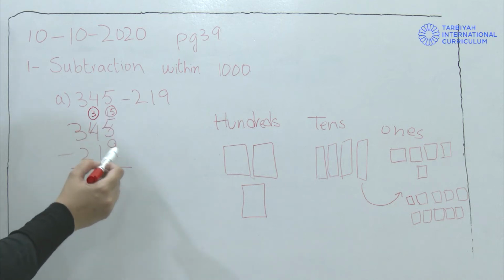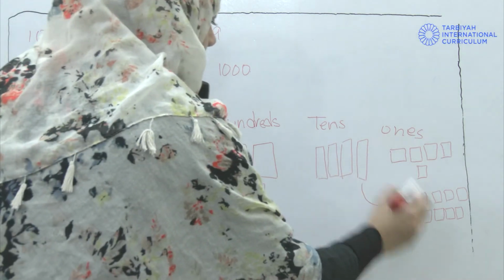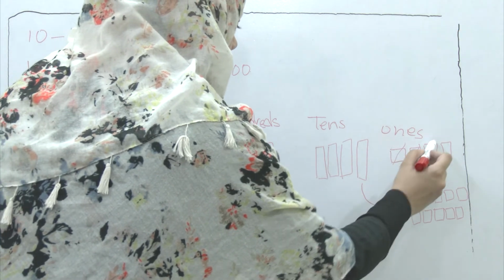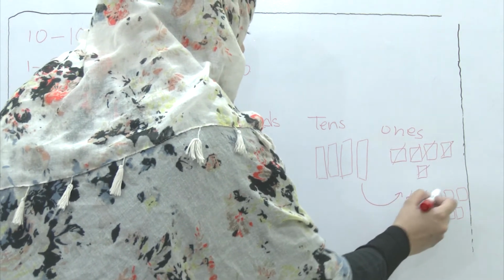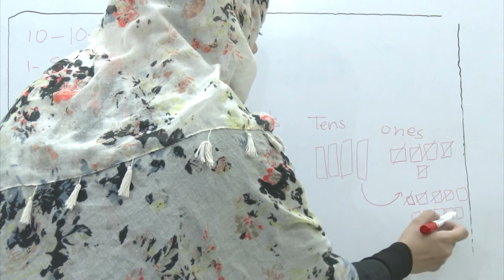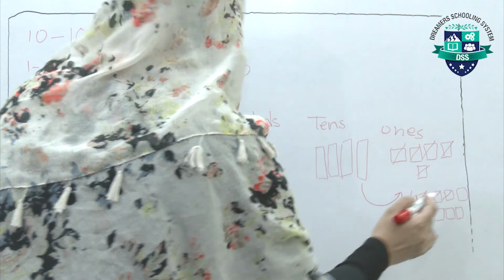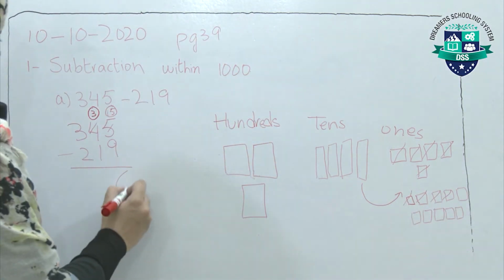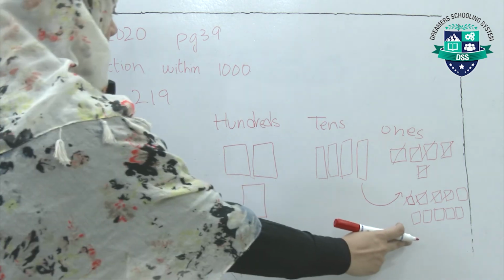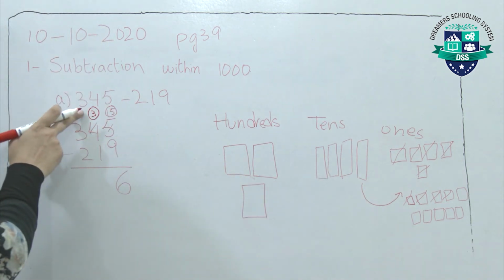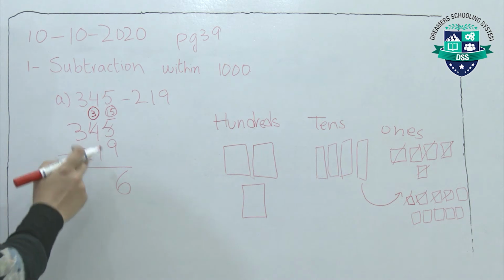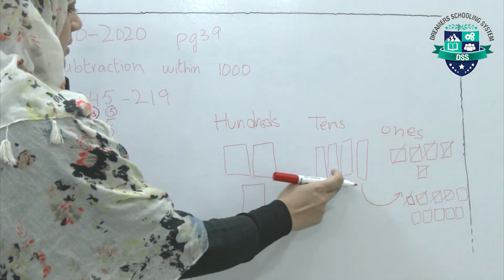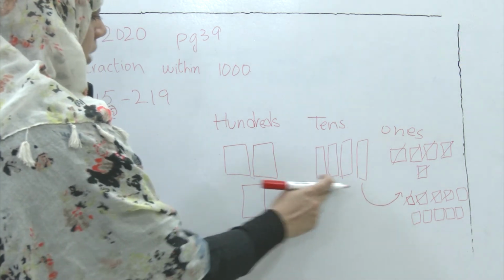15 minus 9, we will subtract 9. 1, 2, 3, 4, 5, 6, 7, 8, 9. So how many are left? 1, 2, 3, 4, 5, 6. We will write 6 here. Now we have 6 ones. Here we have 3 tens and 1 ten. So we will subtract, as this is taken away, we have 3.